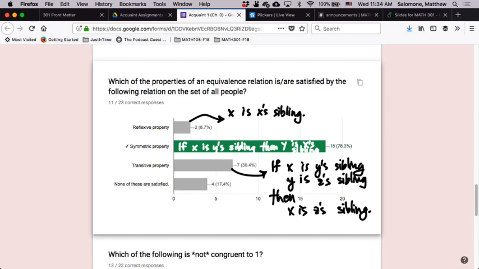Because the fact is, if we do have an equivalence relation, and this is the big idea of the day today, equivalence relations also do something very powerful. And this is the purpose of the last question on here that's going to get us into today. Equivalence relations do an important thing. They partition sets into equivalence classes.